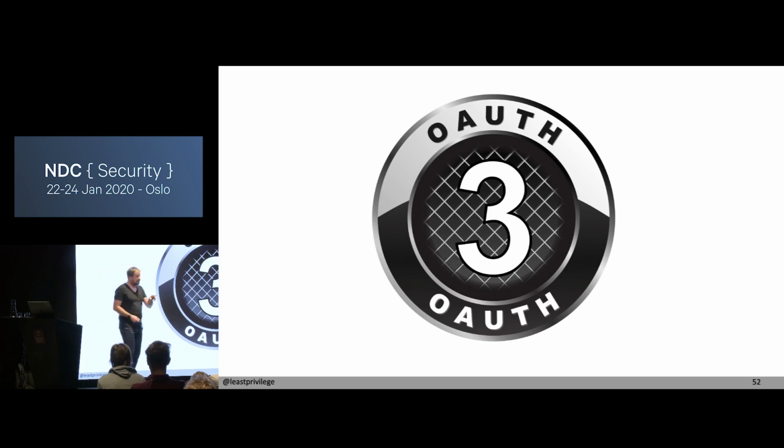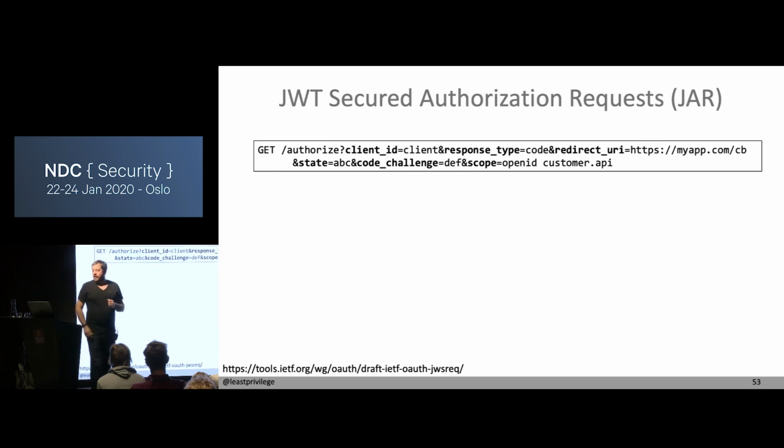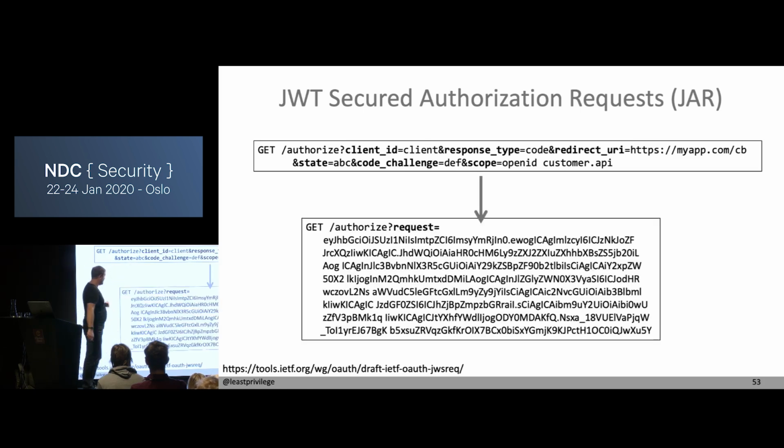Two of the really interesting ingredients in 2.1 is, one is called secured authorization requests, right? I just said, this is the weakest link we have identified. It's happening in the browser. If somebody can tamper with them, we can play tricks on someone, yeah? So what if we could remove them all together? What if we could remove or replace all of these parameters with this?